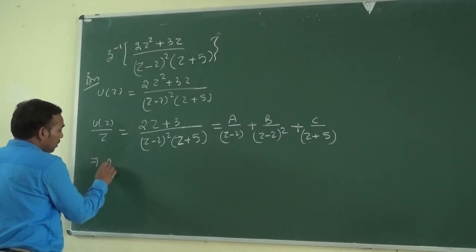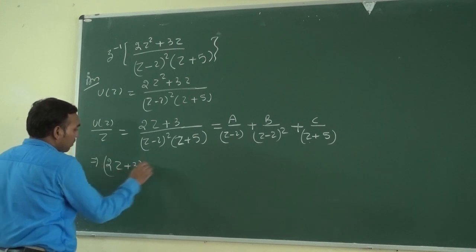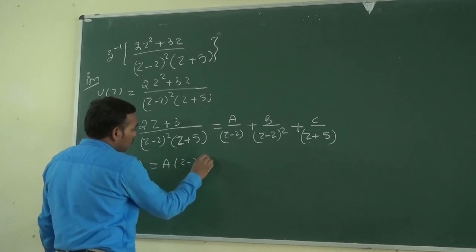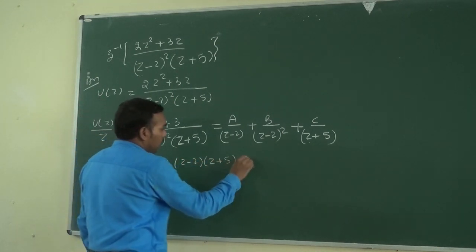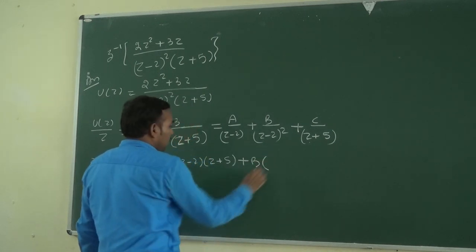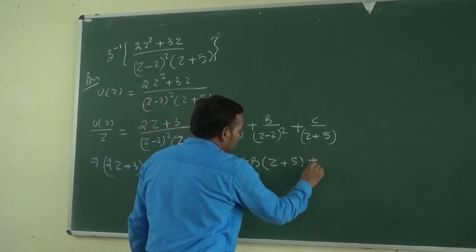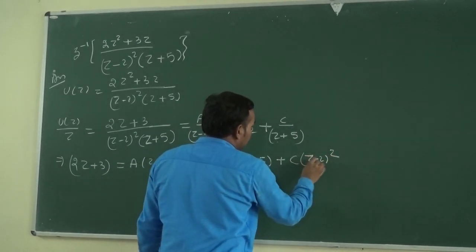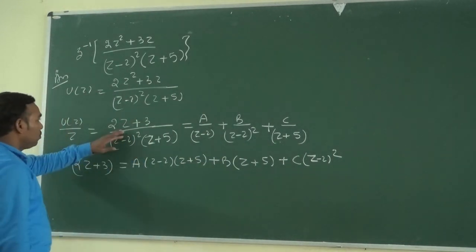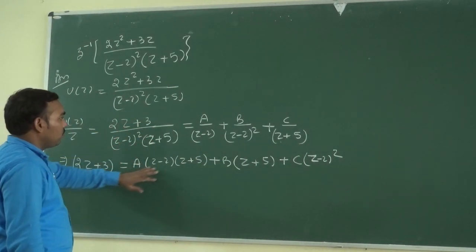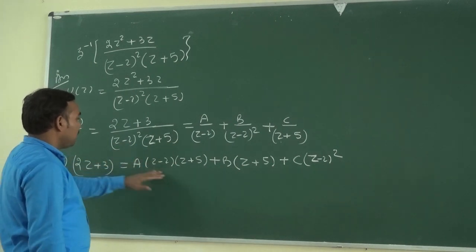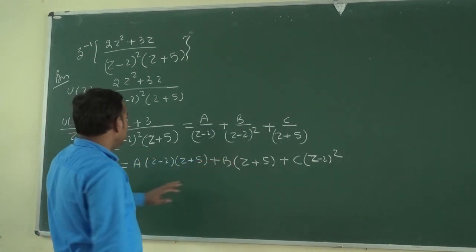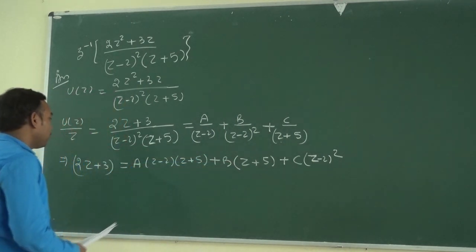So simply write 2z + 3 equal to A(z - 2)(z + 5) plus B(z + 5) plus C(z - 2)^2.